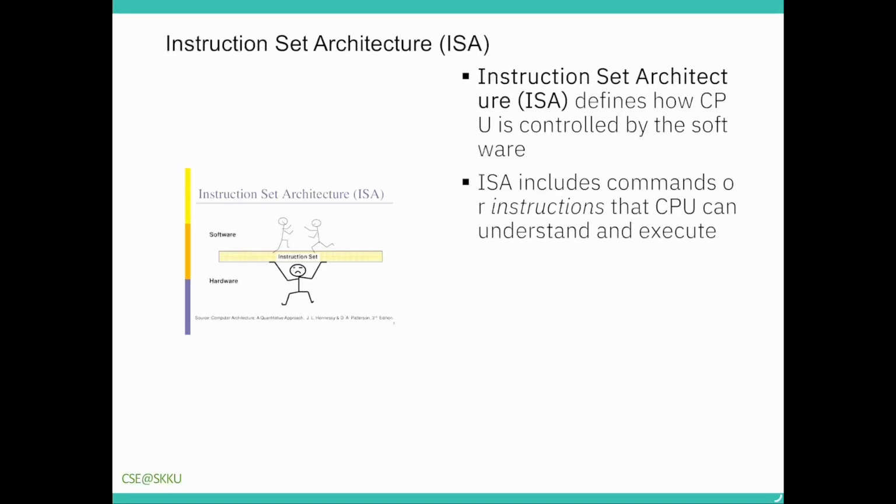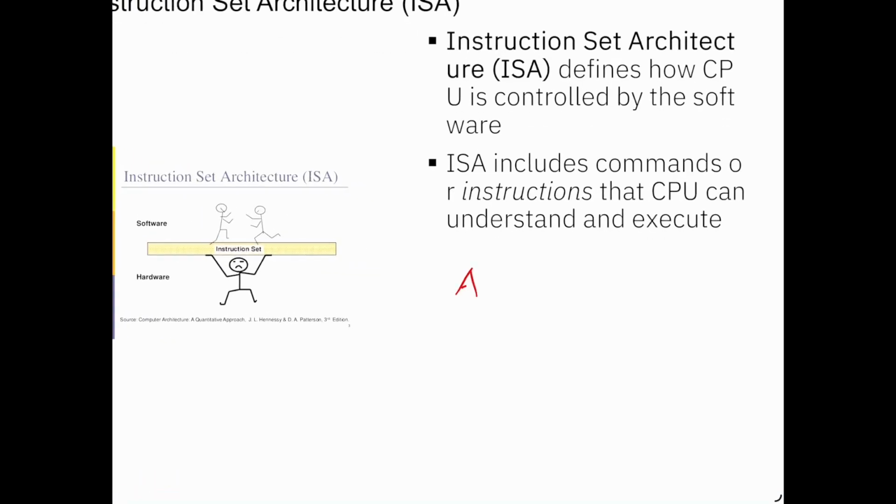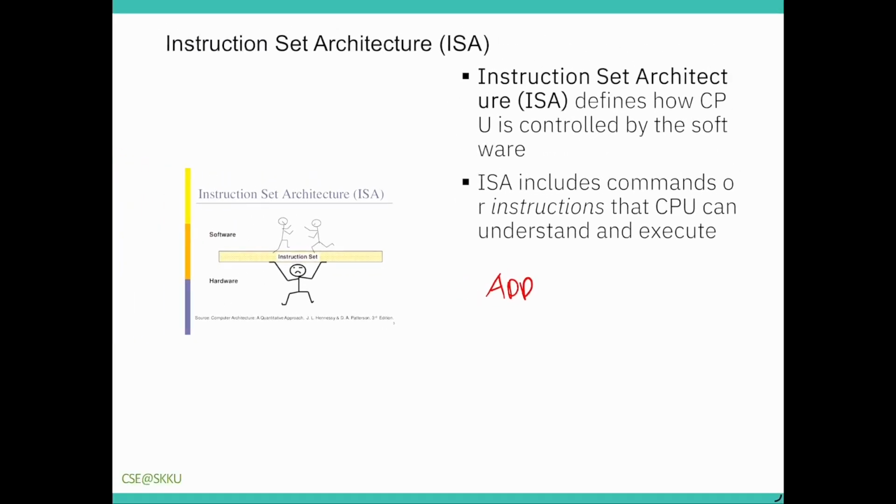So for example, a CPU can have an instruction called add that tells the CPU to add register 1 with register 2, and so on. So instruction set is kind of a bridge between the software and hardware.